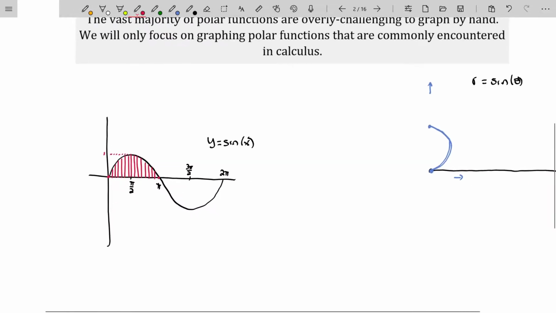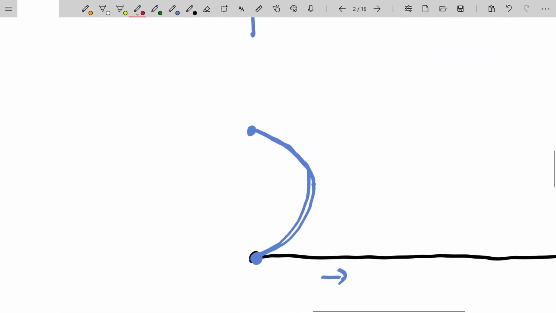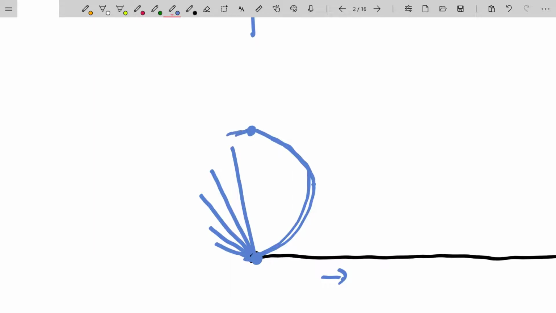That's a good way to think about it. So as you turn, you're throwing rocks away from you, but they're getting closer and closer, until when you're turned to the angle of pi, you drop a rock at your feet. So it kind of looks like this.